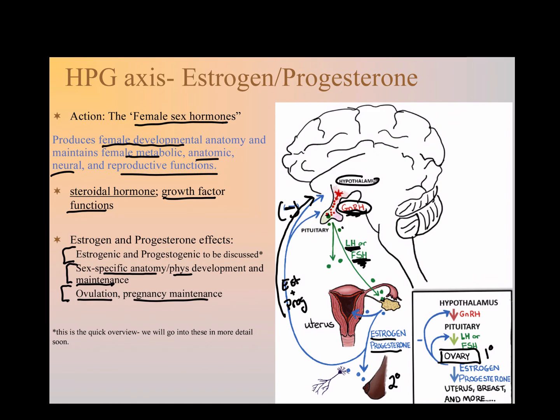That becomes very important because that's really the main mechanism of hormonal contraception, is to use estrogen and progestin products in order to shut down this whole pathway. If you shut it down, then you block ovulation. If you want to know more about that, come to my sex hormone contraception lecture.